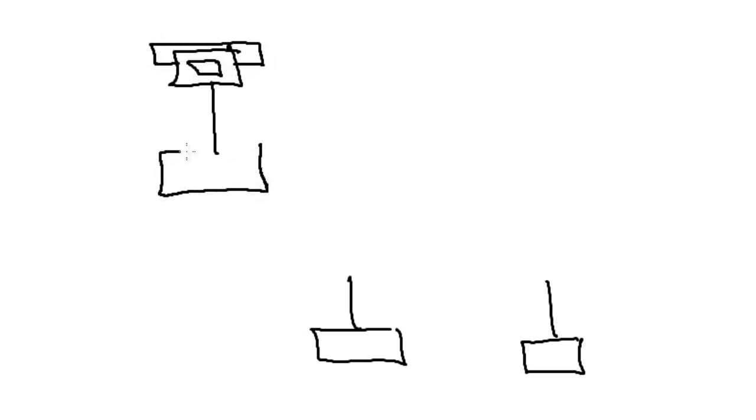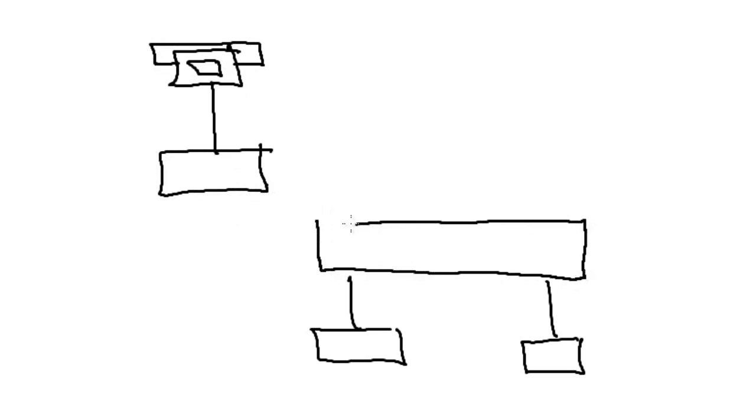You have endpoints or nodes on your network. We'll draw these out, and they each connect to switches. And let's say here's a telephone. Endpoints could be a laptop. Endpoints could be a server. They all connect to switches, and they would do so, let's say, via VLAN 10 and VLAN 20.